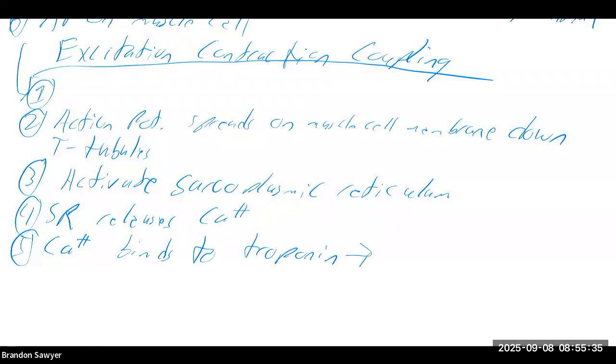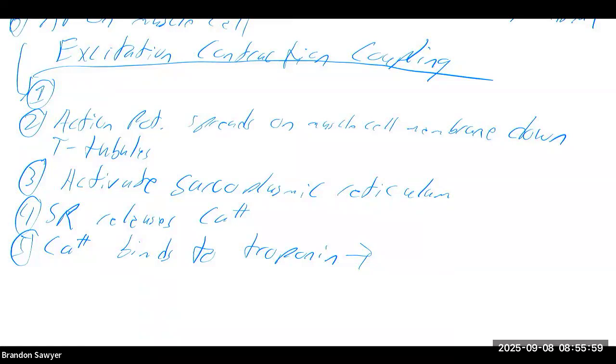Then we get a conformational change of troponin. We have all these amino acids strung together that make up troponin, and the shape of that molecule depends on the way those amino acids interact with each other, with the water around, the pH and other things.